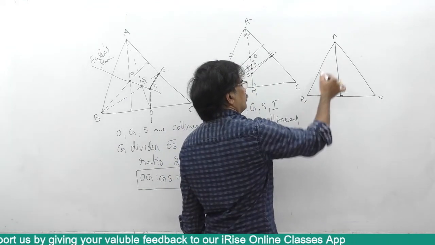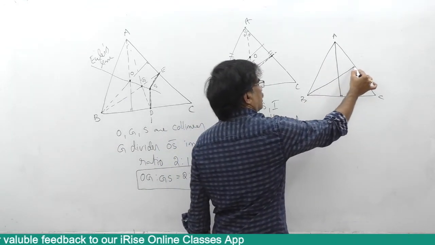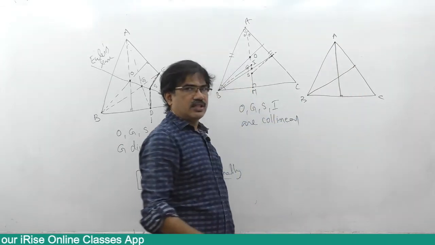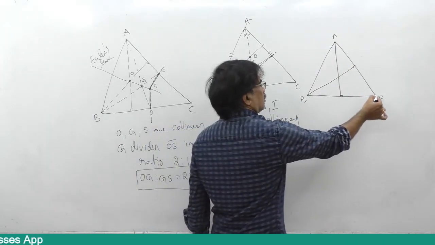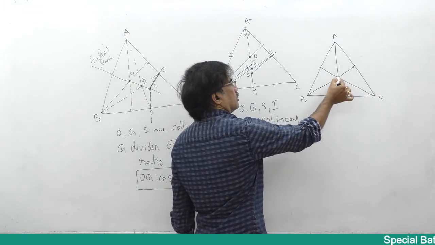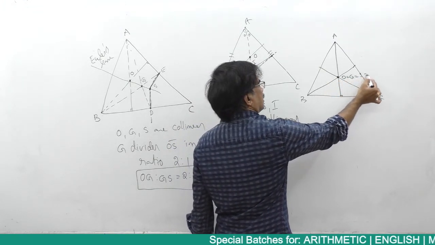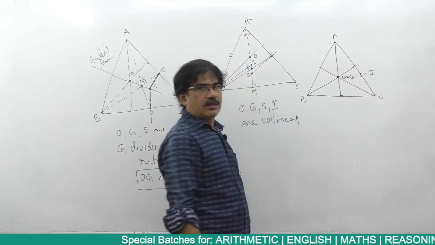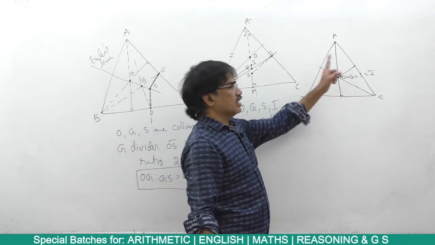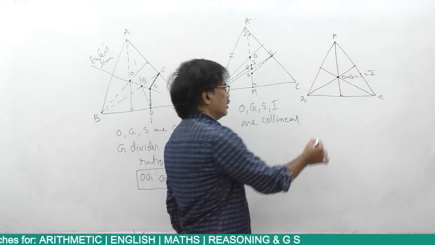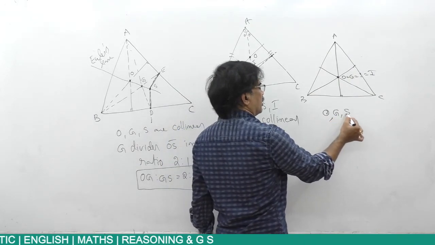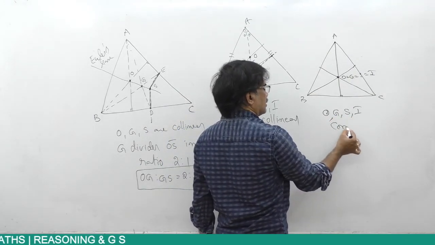Similarly, if these two sides are equal, this acts as a median, altitude, angular bisector, everything. So they are concurrent. Here this is O, this is G, this is S, this is I. In the case of an equilateral triangle, if all sides are equal, that's why O, G, S, I coincide.